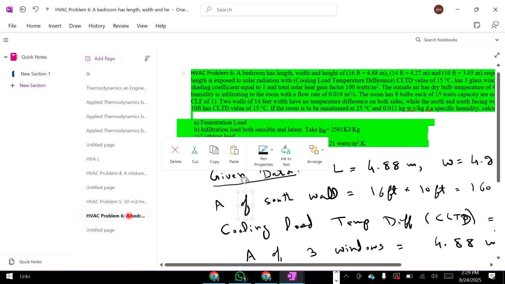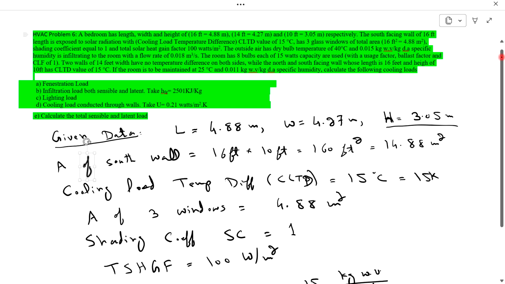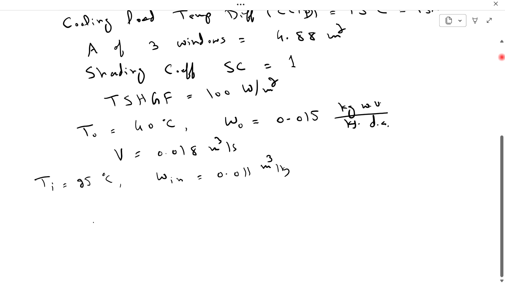The room has 8 bulbs, each of 15 watt capacity. Total number of bulbs is equal to 8 and capacity of one bulb is equal to 15 watt.